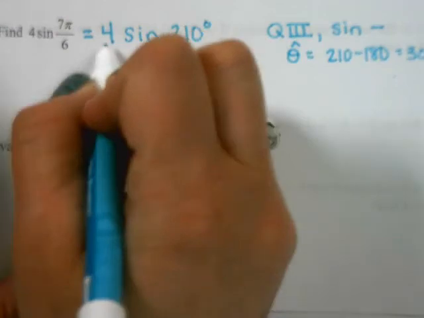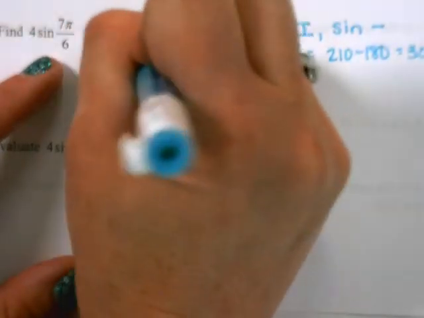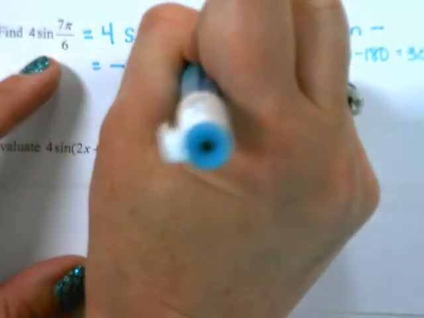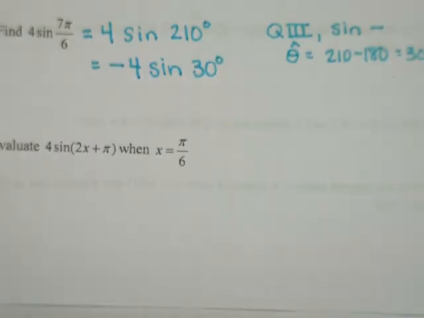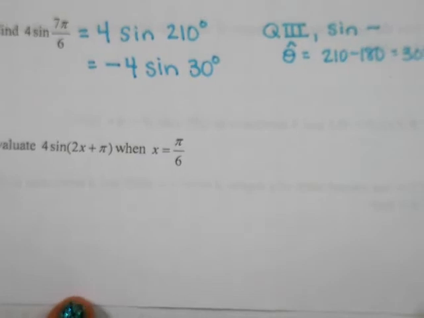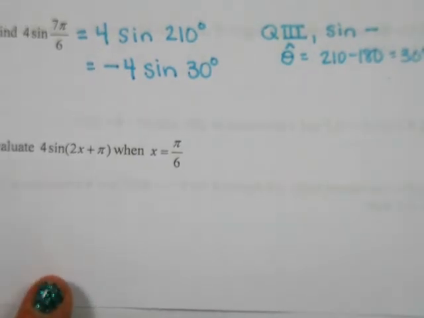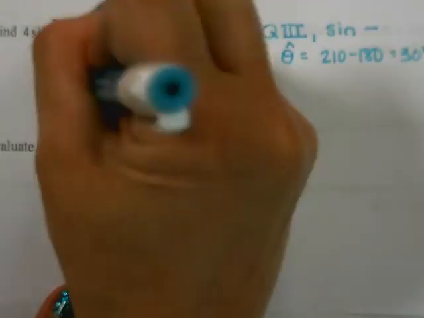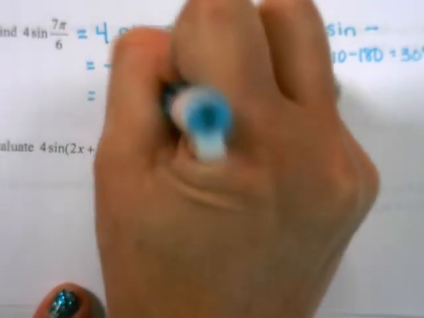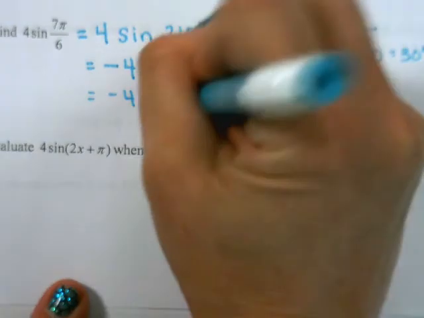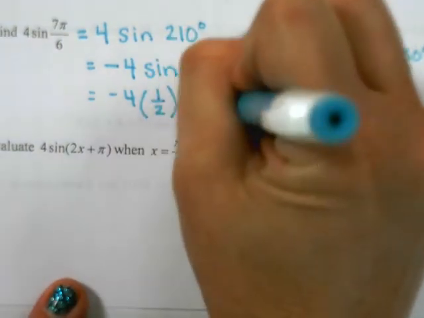So 4 times the sine of 210 is equal to negative 4 times the sine of positive 30. Exact value chart, either in your book or in Mathematica, is 1/2. So negative 4 times 1/2 is negative 2.